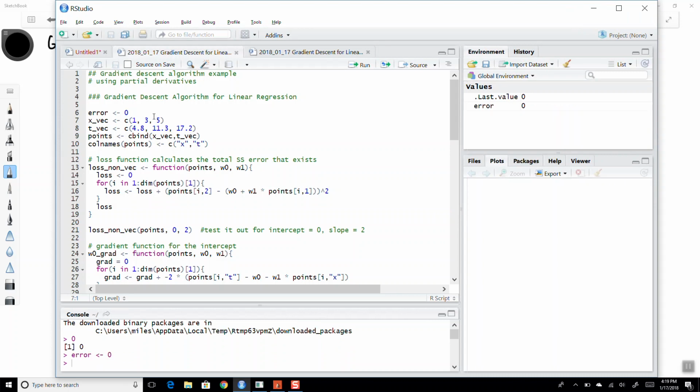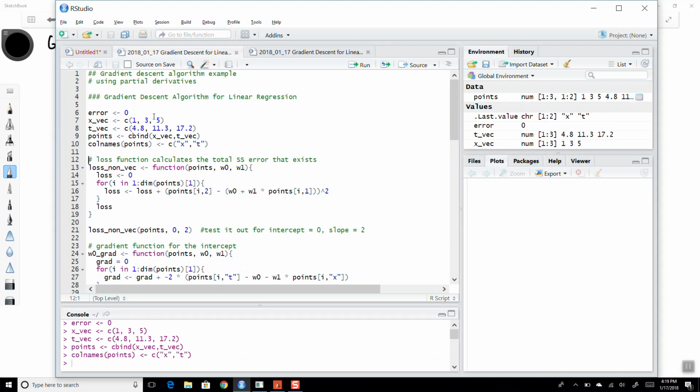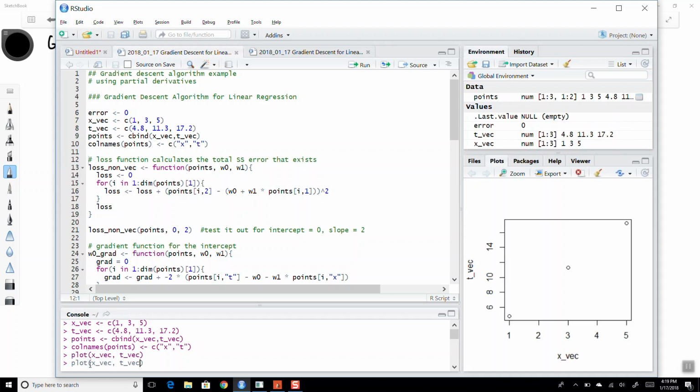So here we're going to start and I'm going to create, so this is all we're trying to do. Let me just plot my x vector against my t vector. Okay, this is what we have. And then if I fit a model, I could do abline lm of t vector as explained by x vector.